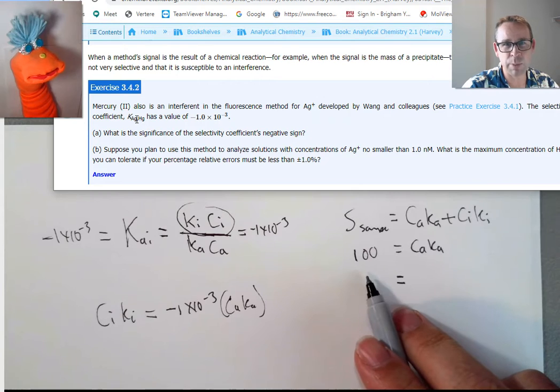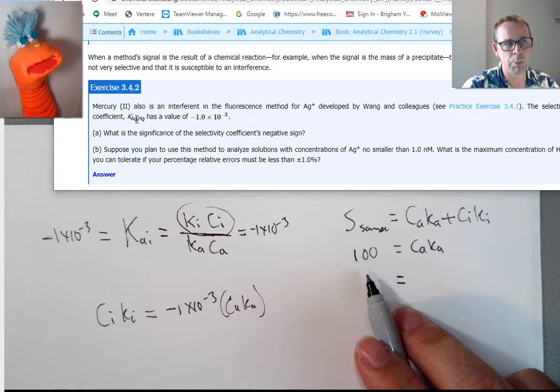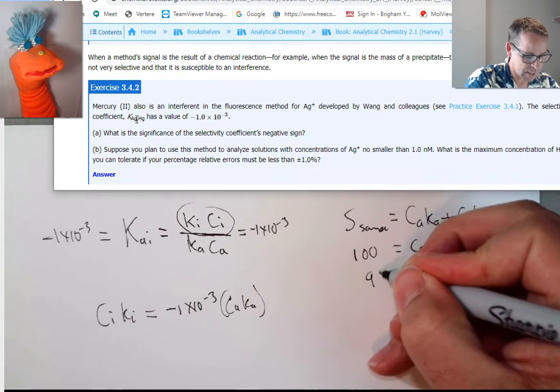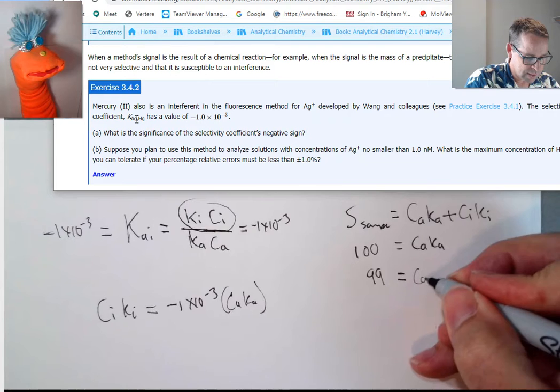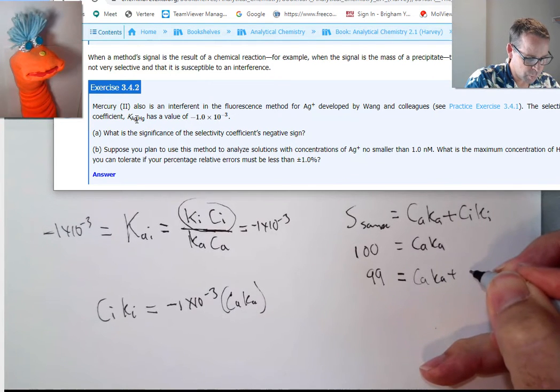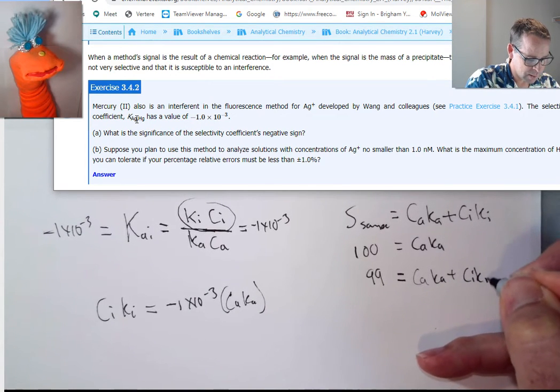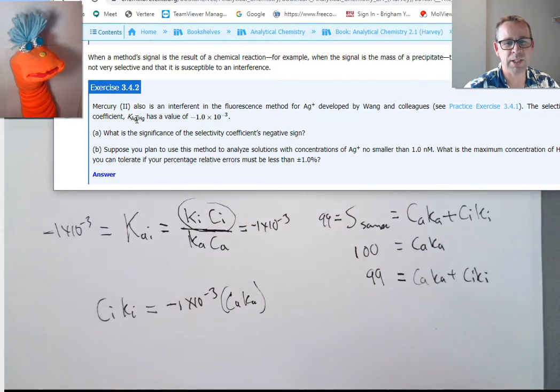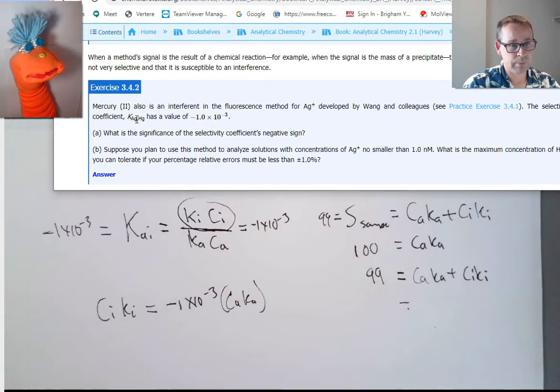So if I'm going to change this by 1%, how is it going to change? 1% of 100 is 1. That's right. So it's going to go down to 99. So CA/KA with the CI/KI, which is just this up here, we're going to allow to be 99, right? We're only going to allow 1% change. And that's what our shift in 1% there is.